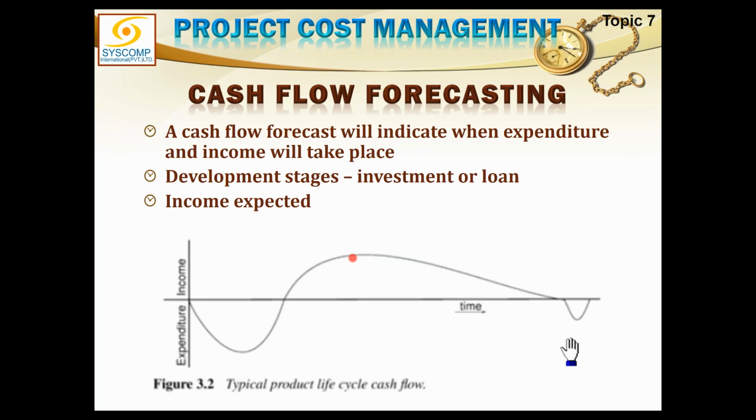We should do that when we are at our peak. This shows you all the forecasting which I have done even before the business or the project has ever started. So this kind of graph will be there.